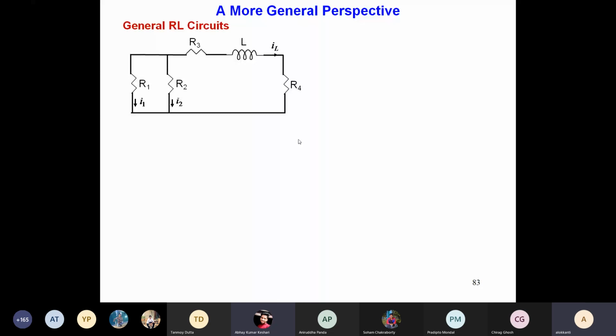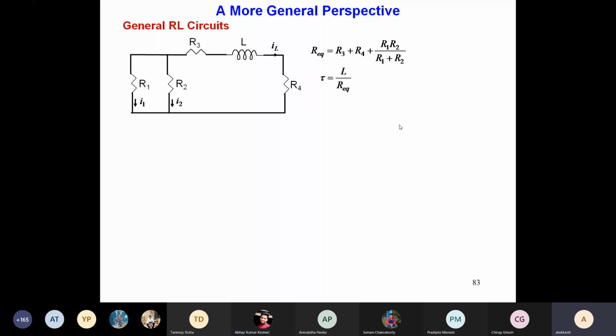Now, a more general perspective: suppose you have a circuit like this, a combination of resistances and inductances, and this type of switching is taking place. Here, the equivalent resistance is R3 plus R4, because they are in series, in parallel with R1, R2, and tau is equal to L by Req.